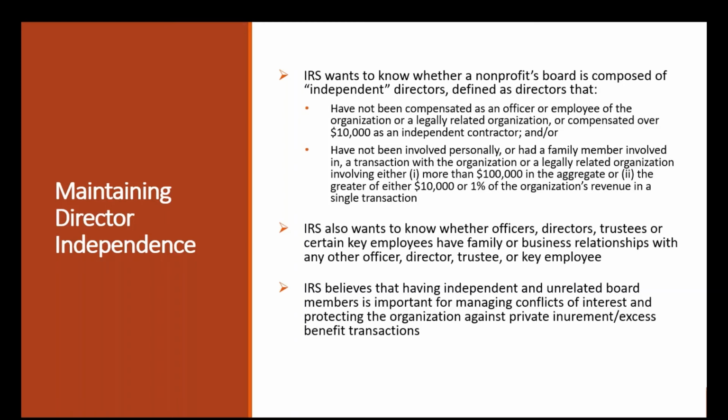So this is another area, just like with our governance policies, where it's a red flag for the IRS if too many members of your board are not independent, or if there are too many familial or business relationships between members of your board. That can be a signal to the IRS that there's a risk of private inurement, conflicts of interest, excess benefit transactions, et cetera, et cetera.